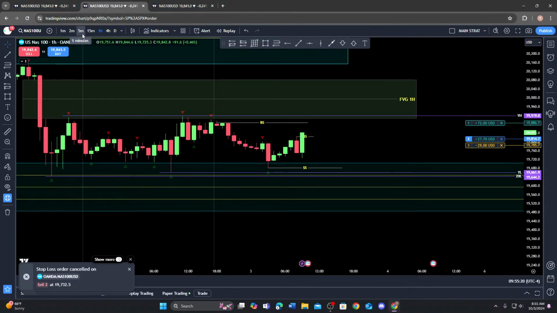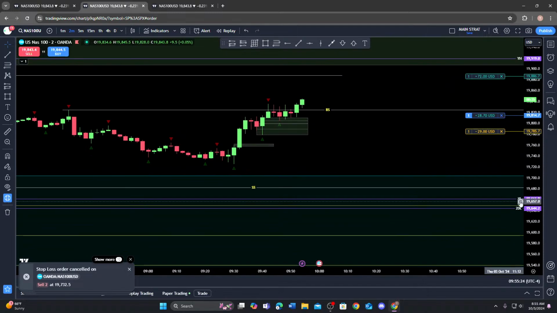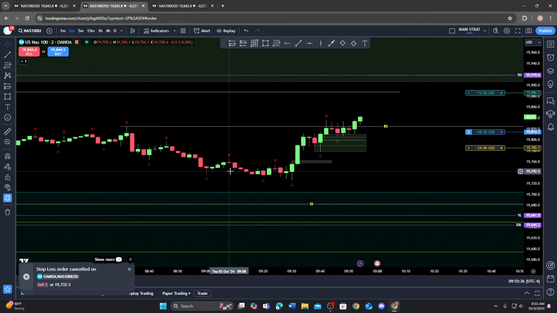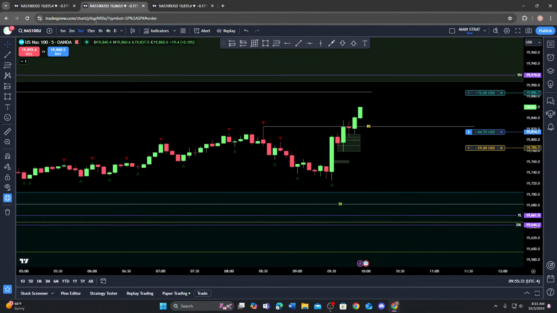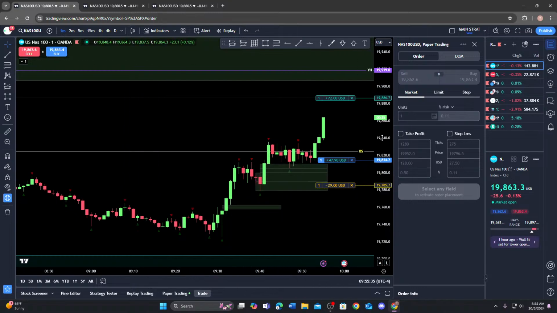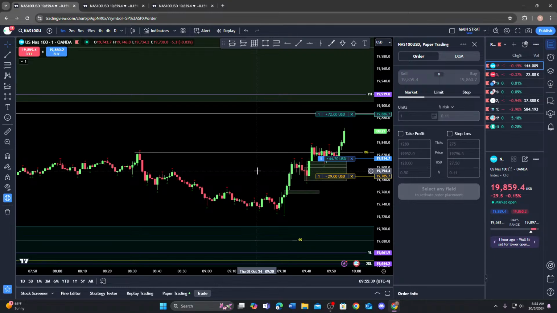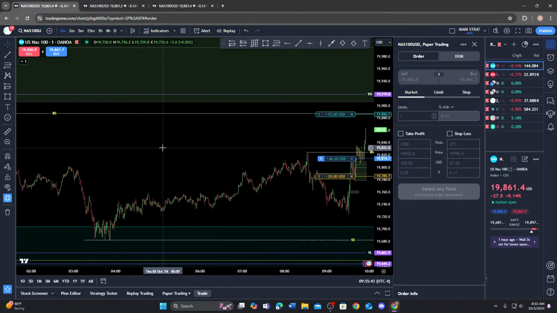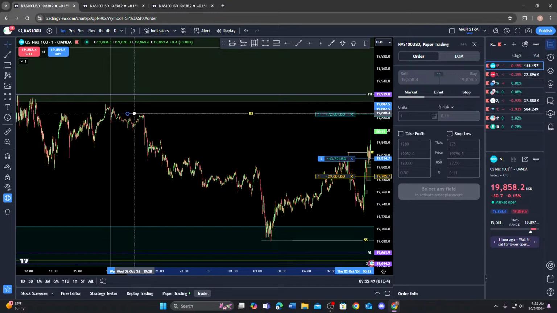So that's pretty much it at 9 o'clock, and then we'd want to look for a retracement against London session, which we're doing now. We'd like to see New York try to take out liquidity from London. That's pretty much it.